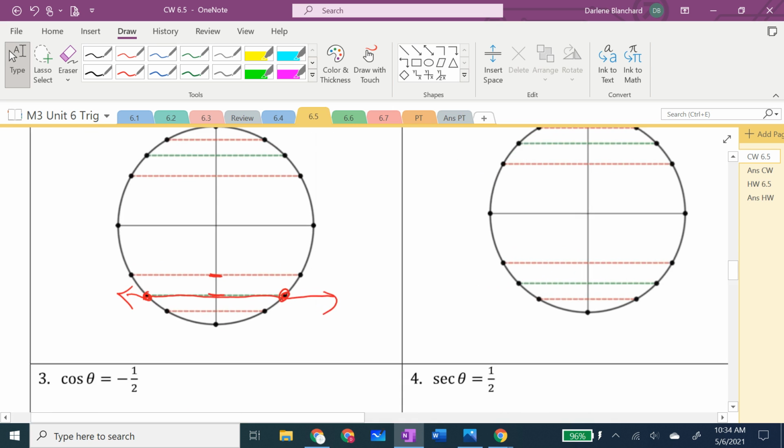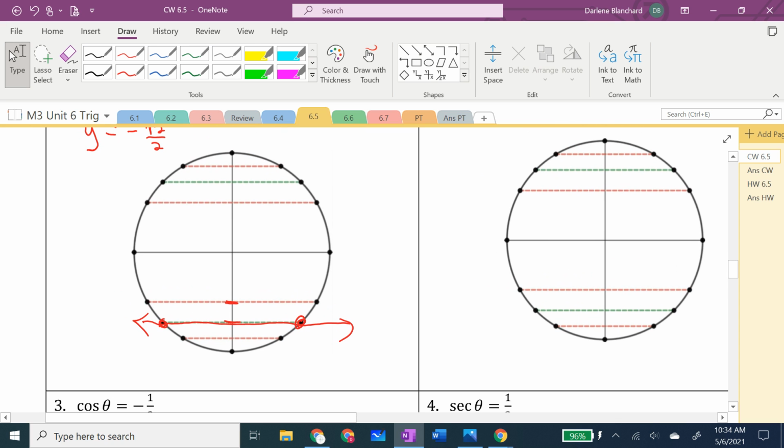And then what are these two angles? And with finding those angles, you can start at 180 and add 45 degrees. And you've got a calculator. So what is 180 plus 45 degrees? 225 degrees.